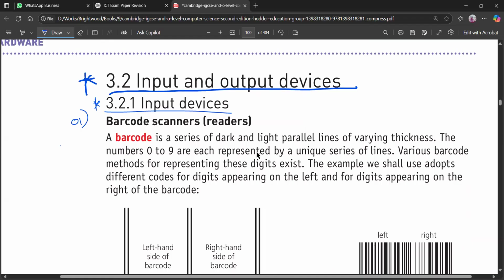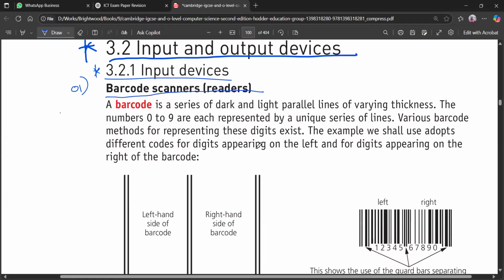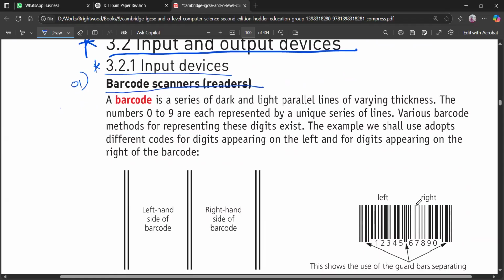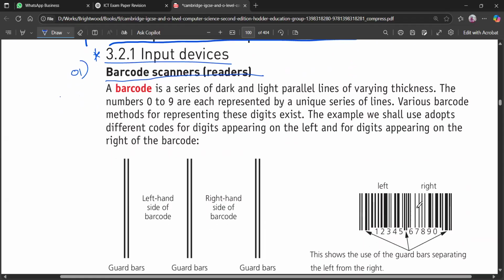Now we will go for some more input devices. The first one is barcode scanners. A barcode is a series of dark and light parallel lines. They have a series of dark and light parallel lines.